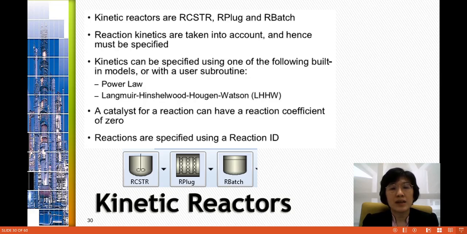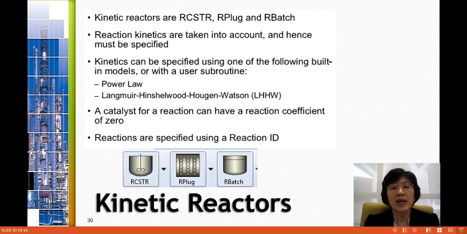In the kinetic-based model, reaction kinetics, of course, is taken into account and it must be specified. This can be specified in terms of power law and also Langmuir-Hinshelwood-Hougen-Watson if you are using the built-in models.